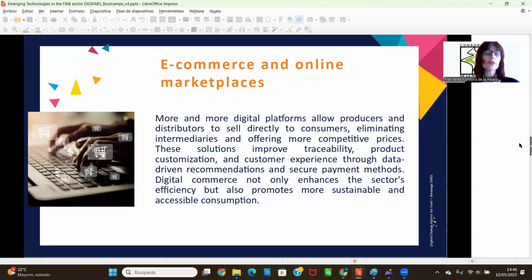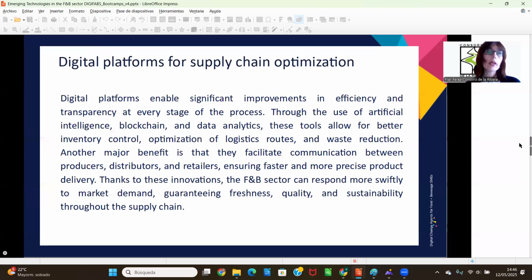Another example comes from home delivery services, which have also seen explosive growth compared to just a decade ago.